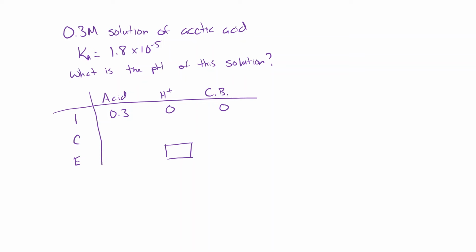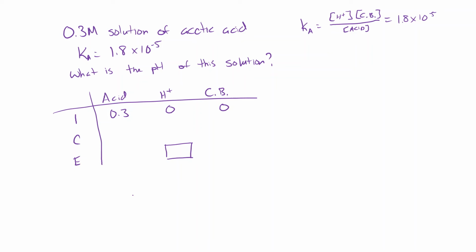We want to know what's our equilibrium concentration of this. And we know what the Ka value is. And of course, we know what the Ka expression is because the Ka expression is always the same. So Ka equals the concentration of H plus times the concentration of the conjugate base all over the concentration of the acid. Okay. And that equals 1.8 times 10 to the negative fifth.